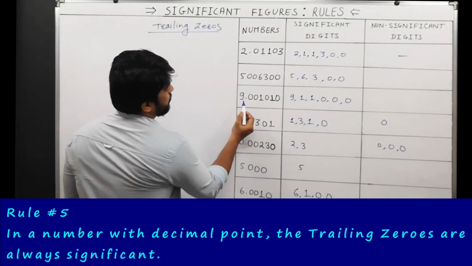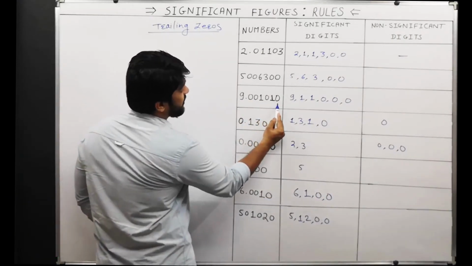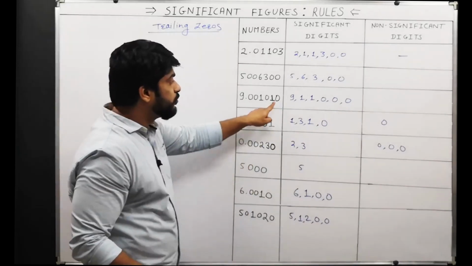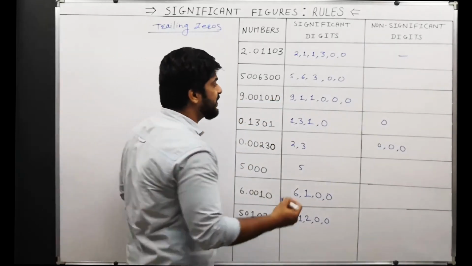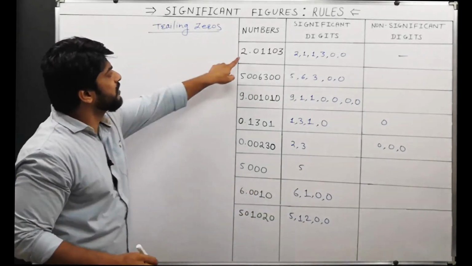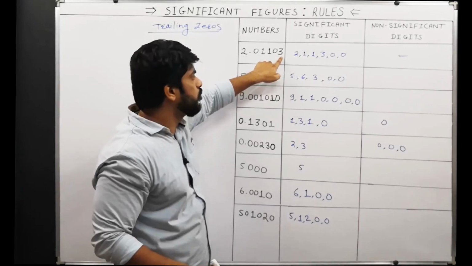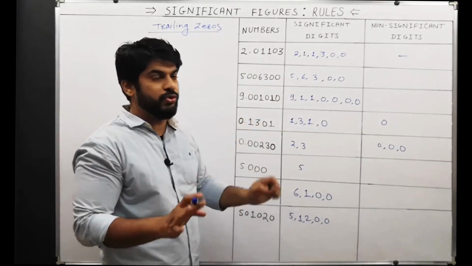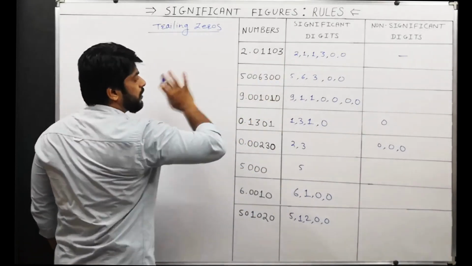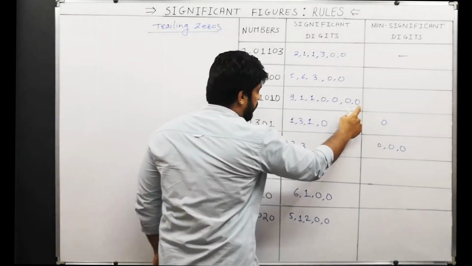Over here you can see there is a decimal point, and there is a trailing zero also. So that is going to be significant, isn't it? We can note it down over here. It's significant. Look at this. Is there any trailing zero? No, there is no zero, so there is no question. Here there is no decimal point. Here there is a decimal point. Here there is a trailing zero. We have noted it down.